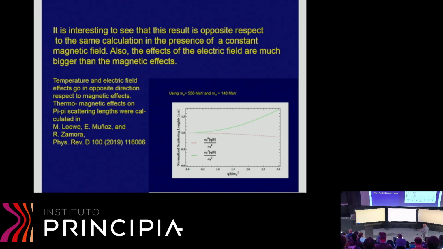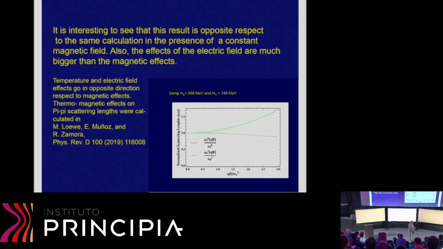Now, in the past, we also studied the effects of magnetic fields together with temperature effects in this article. And further in the past, we had papers with Alfredo Raya and other students, and also Enrique, where we studied only the effects of temperature, and now we took into account magnetic field intensities.